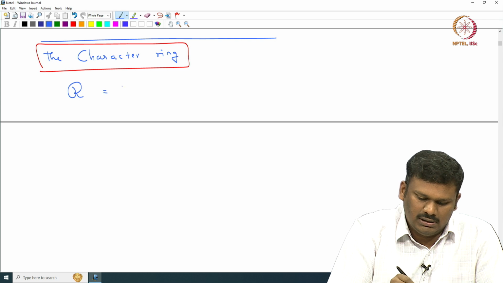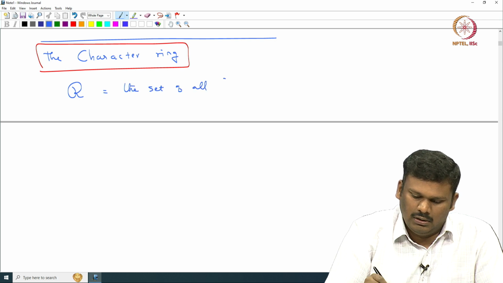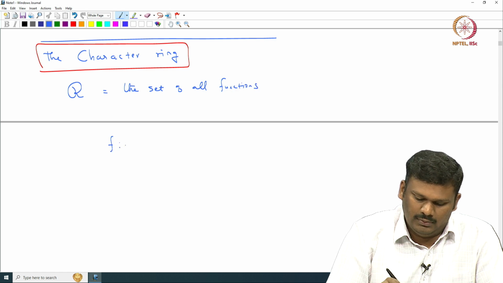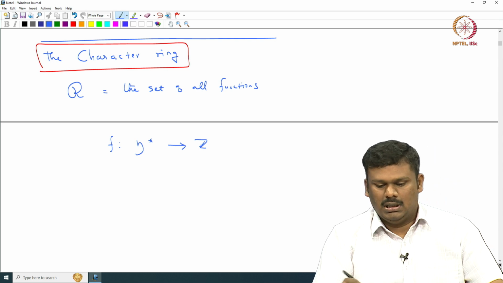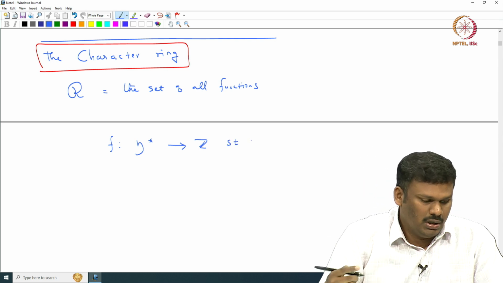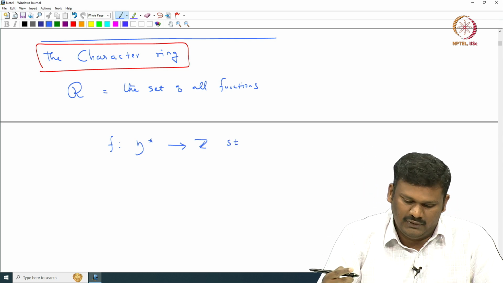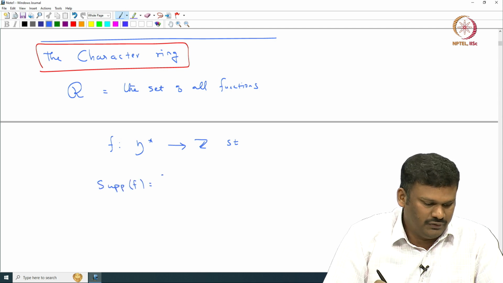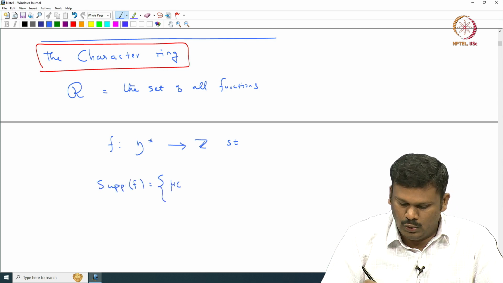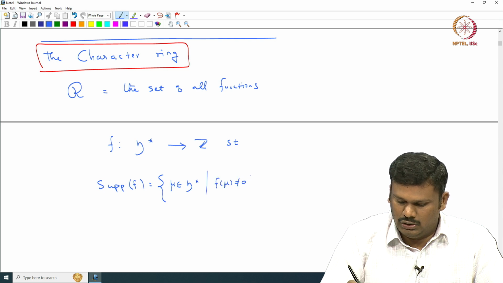So, this is the set of all functions f from H star to Z, such that if you look at the support of f, which is by definition those mu in H star such that f of mu is non-zero.